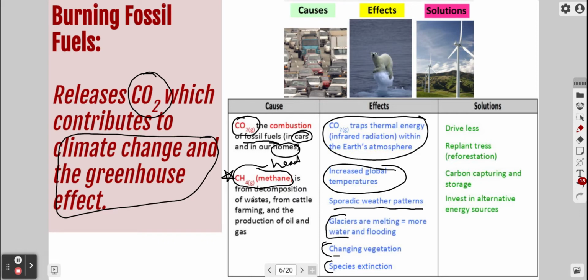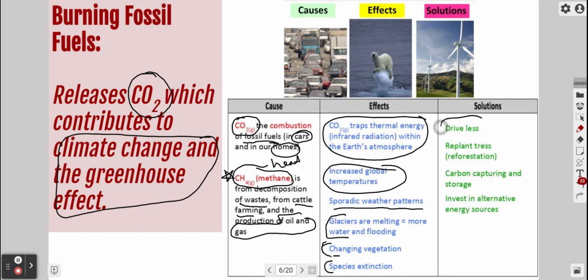Methane also comes from decomposing waste. If we have a lot of waste, we get more decomposition, we get more methane. Cattle farming, toots. And as I mentioned already, in the production of oil and gas, especially natural gas, it's released there.